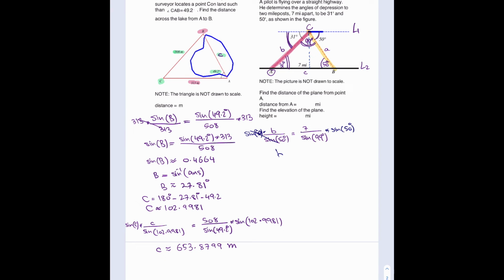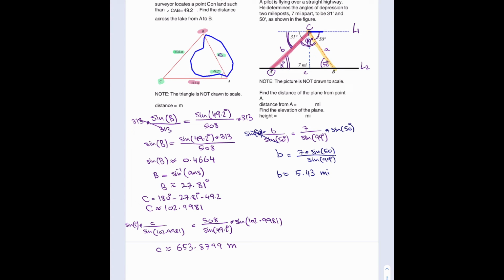These will cancel. B will be equal to 7 times sine 50 over sine 99 degrees. Make sure your calculator is in degree mode, and then plug these values. The answer is going to be approximately 5.43 miles.